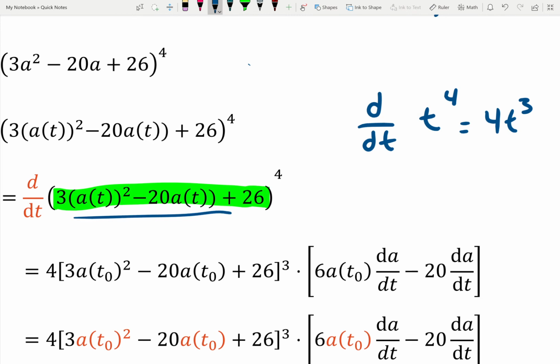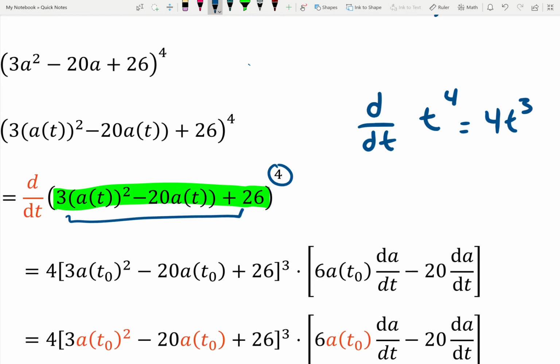So here's the chain rule applied in this next step. Remember, I drop the exponent, take 1 away from it, and I leave the inside function alone. And I multiply this whole guy by the derivative of this inside function.